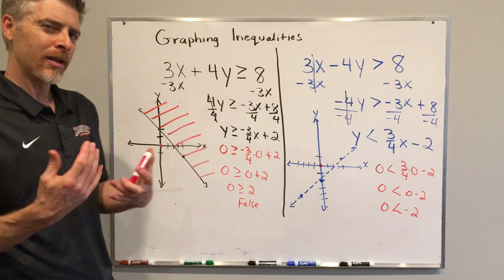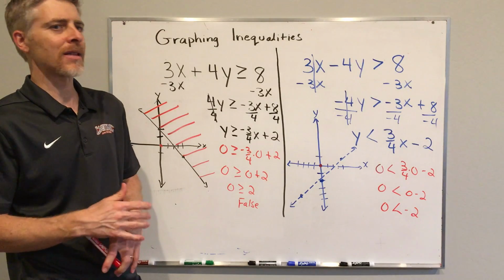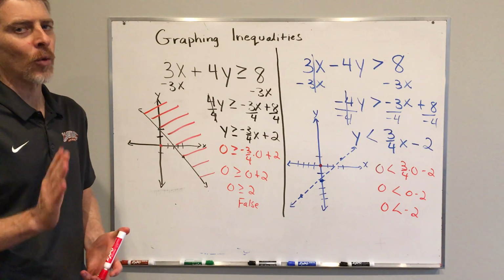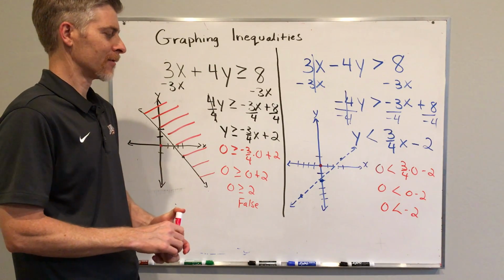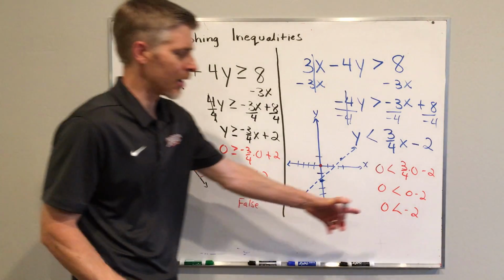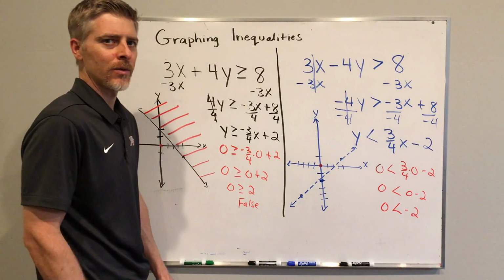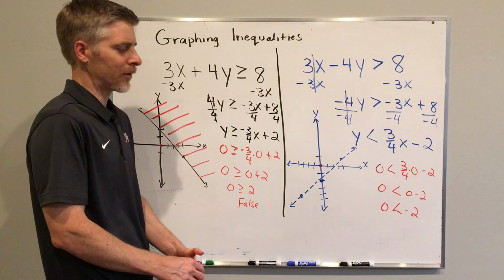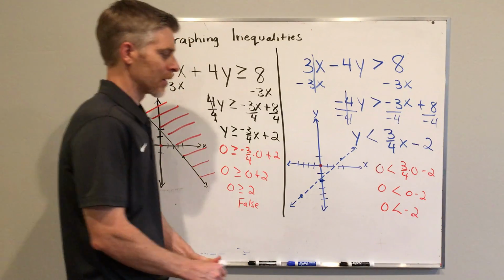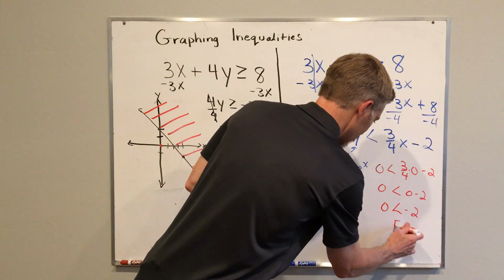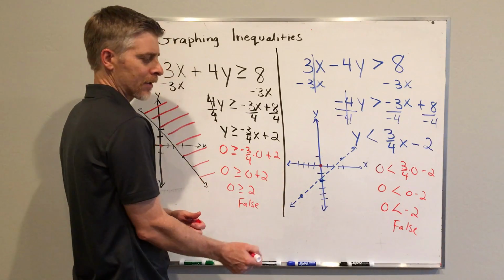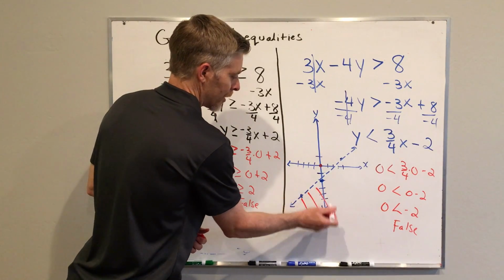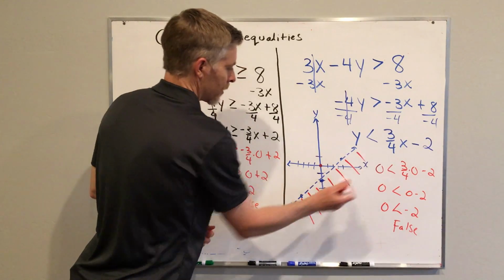Now, careful, in your mind you might think 0 is less than everything, but actually 0 is greater than negative numbers, because you'd rather have $0 than owe $2. So 0 is actually more than negative 2. So this is false. Therefore, this point is on the false side, so I want to shade that side.